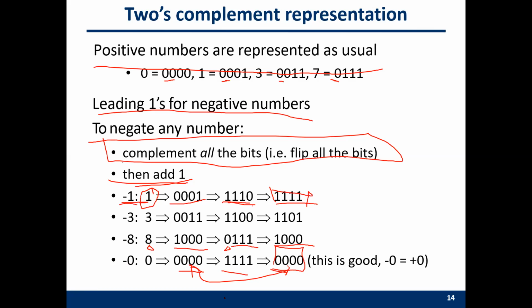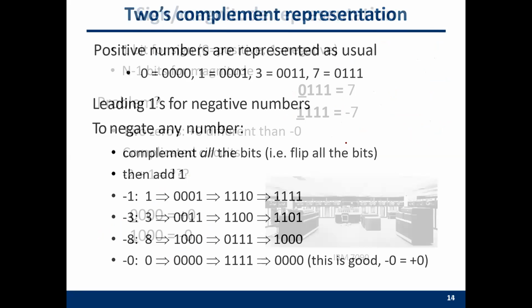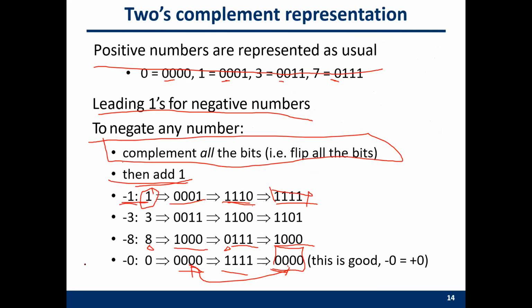And you should also notice that with 4 digits in the previous slides, we can only represent -7. But with two's complement, we can represent -8. This is -8. So in this way, we can use 4 bits to represent 16 different numbers too.